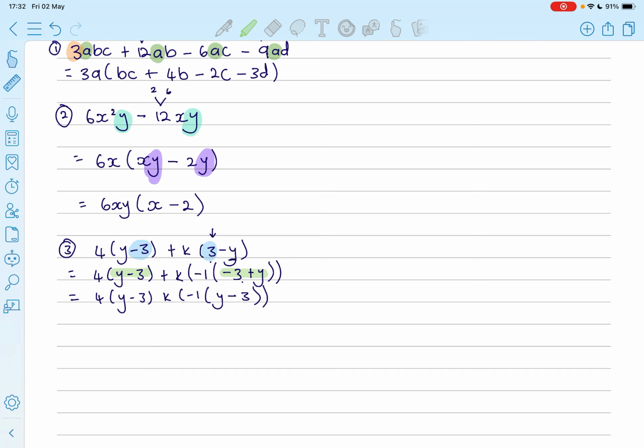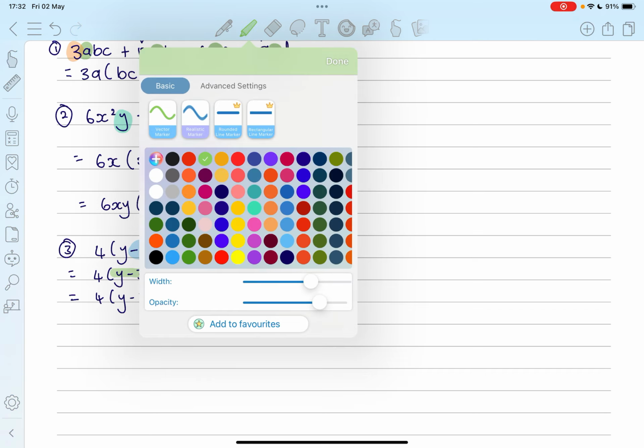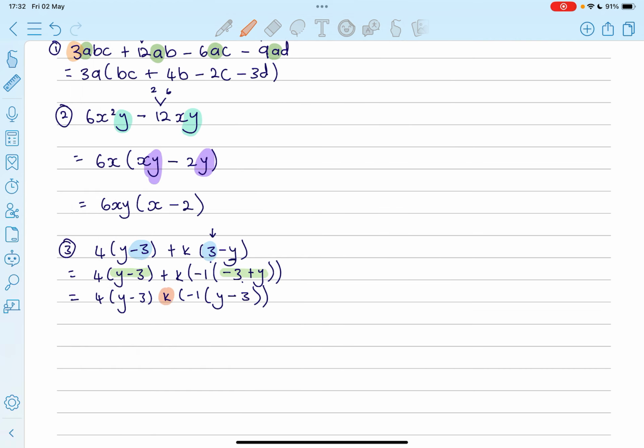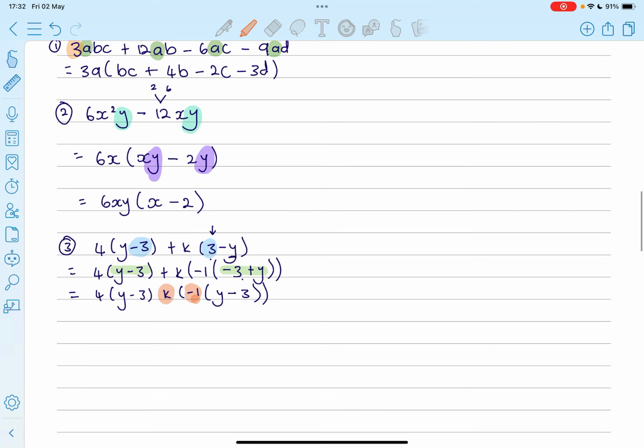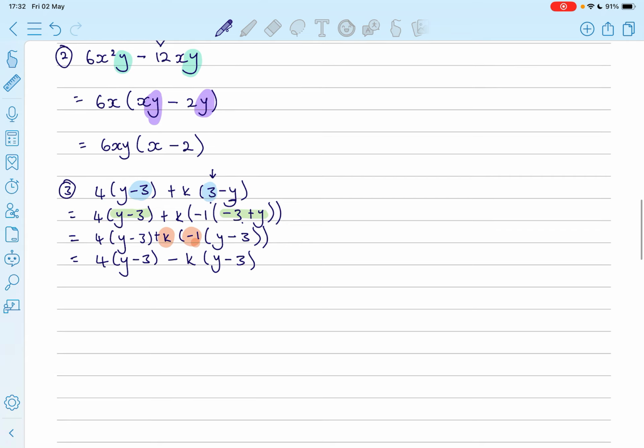So we have that k over there outside the bracket, and this then needs to be multiplied by this -1 over here. So here we're going to have y minus 3, plus, so now it's -k, because k times -1 is -k, and then we still have the y minus 3.